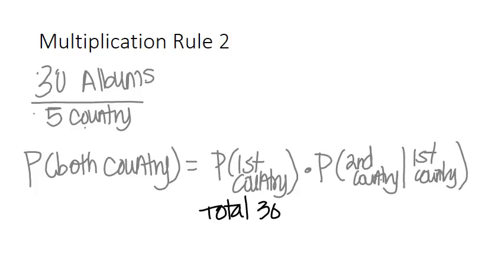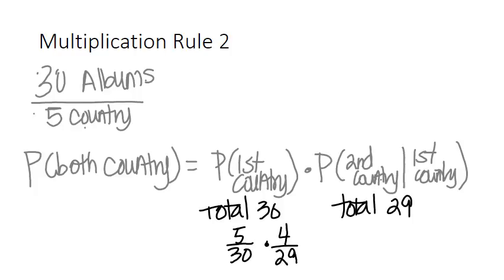So now since I picked one and I don't put it back, now my total has changed from 30 to 29. So my first choice is 5 out of 30. And then this time it's 4, because I picked one of the country albums, so it's gone, which changes the total number to 29. And when you work this out and simplify it, we get 2 out of 87.